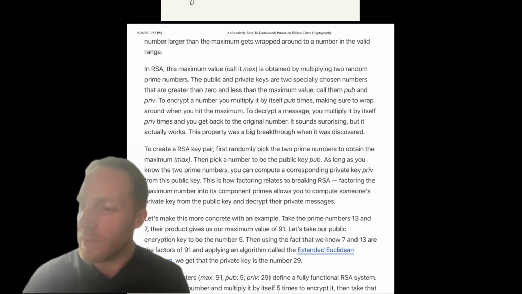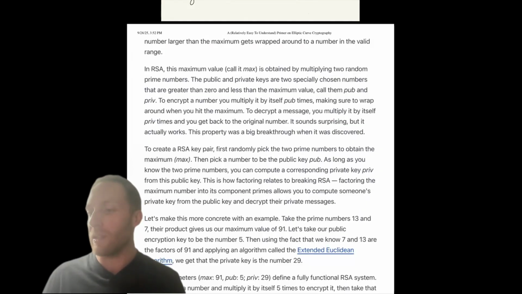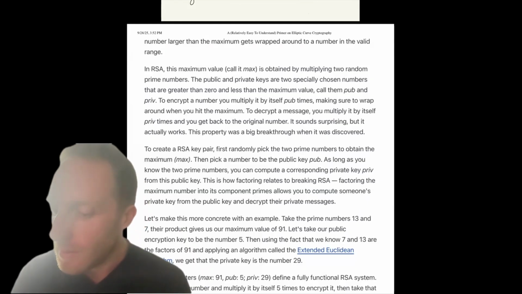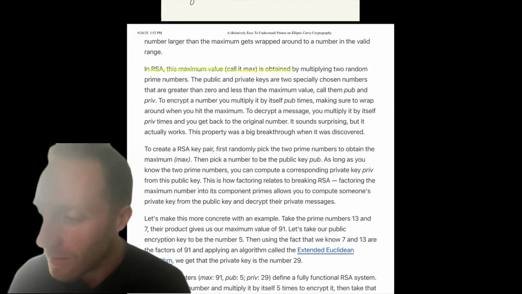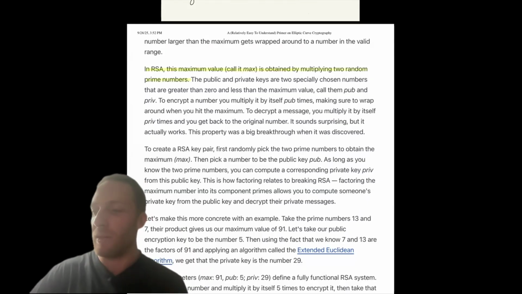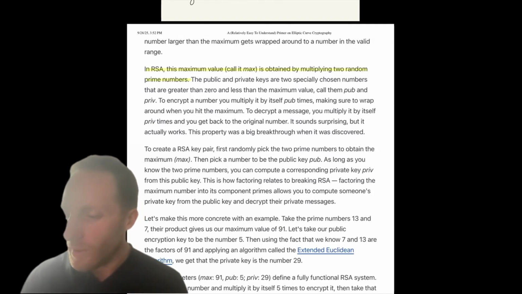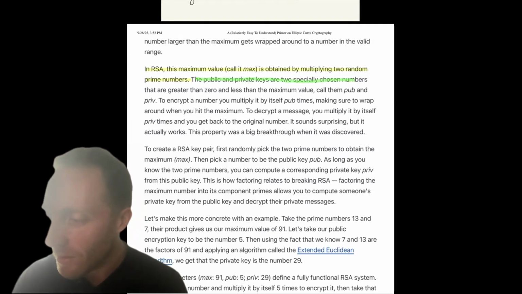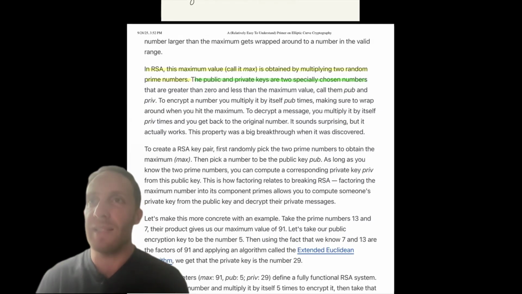Okay, so I don't want to spend too much time on RSA because the goal of the series is really to dive deeper into elliptic curves. But as I said, RSA is really about prime numbers, and the public key and the private key are just two specially chosen numbers. So I definitely will not explain this.